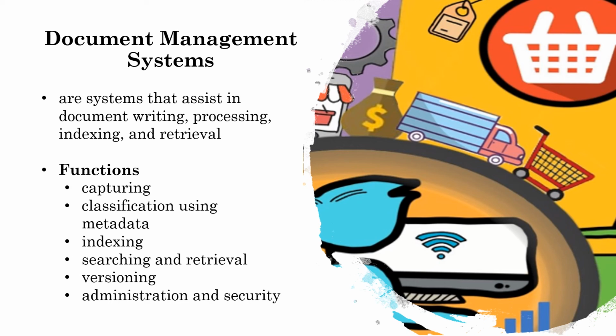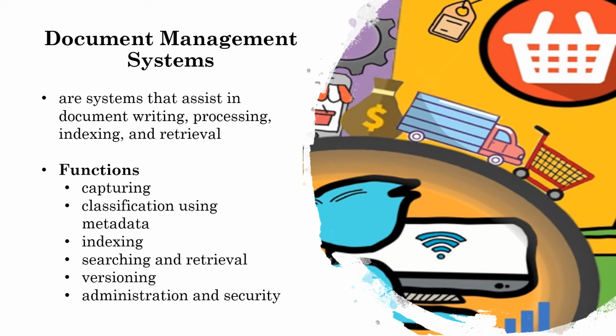Then we have searching and retrieval, wherein the search function is one of the most important elements. Search functions can be sophisticated or less sophisticated, allowing searches of the document's metadata, or searching the actual document for a keyword or phrase.